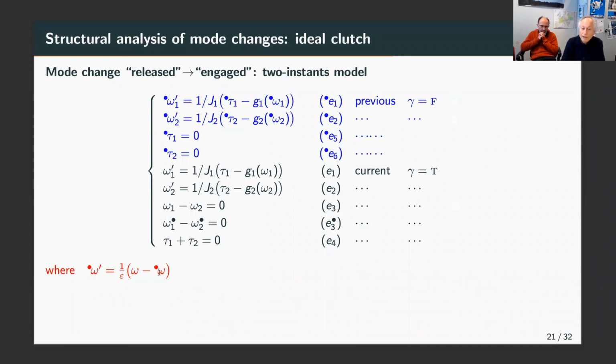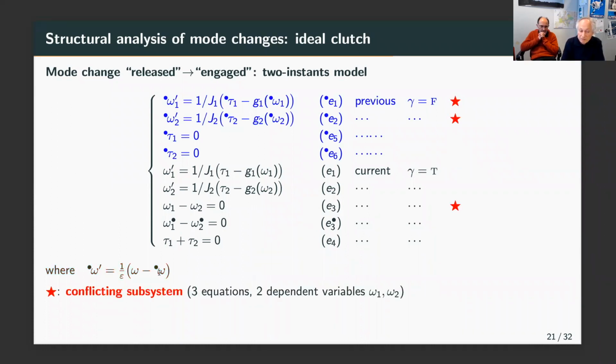Okay. So keeping this in mind, we can see that there is a conflicting subsystem involving the three equations with a star. Here we have omega 1 and omega 2 involved, no torque.